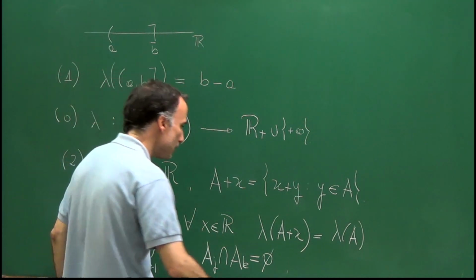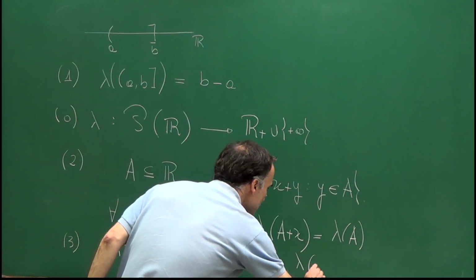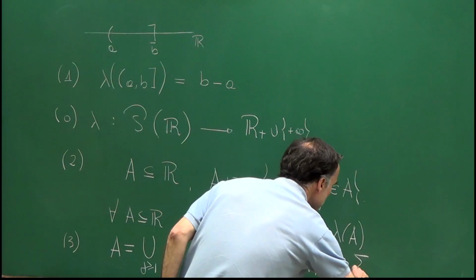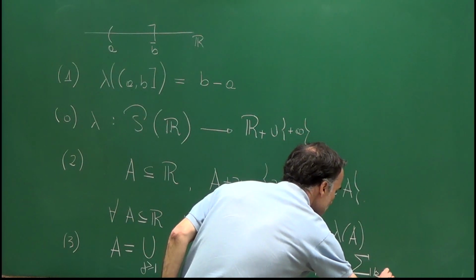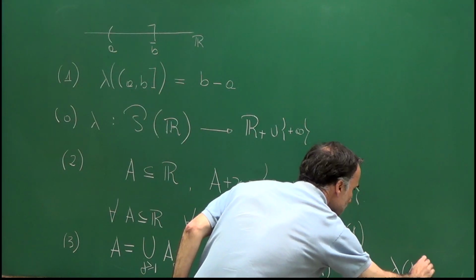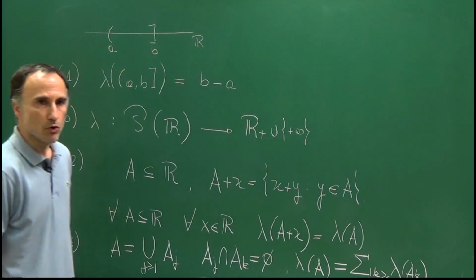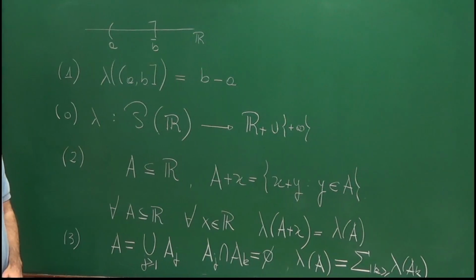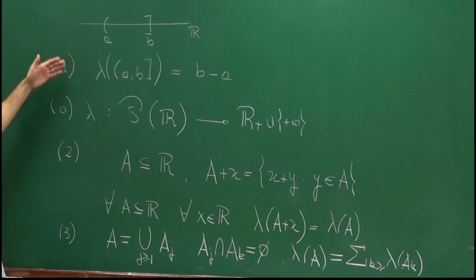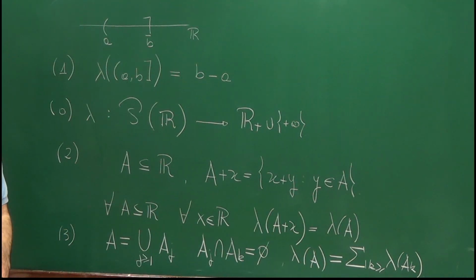So I will require the measure of A to be equal to the sum of the measures of Ak. So my goal will be to try to define a function lambda with these 4 properties.